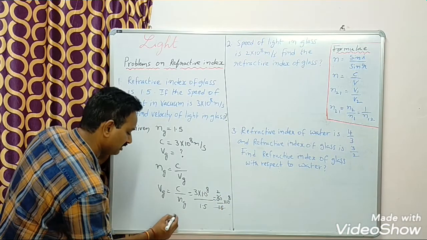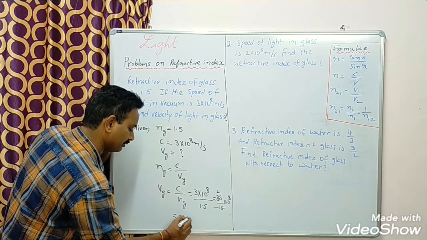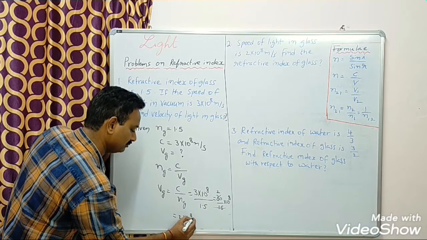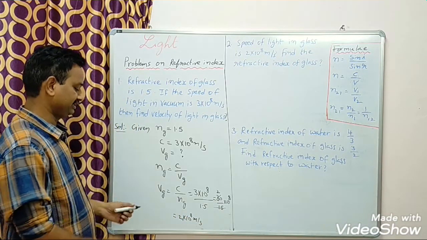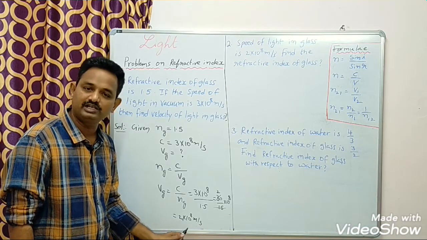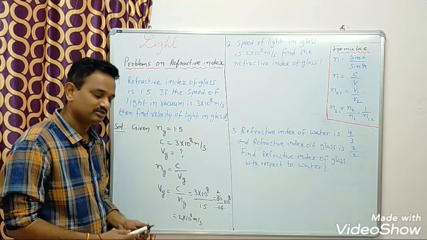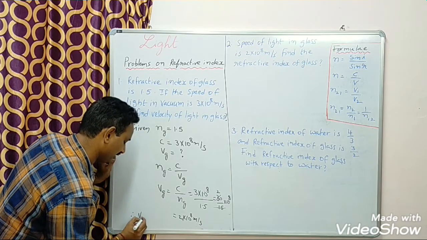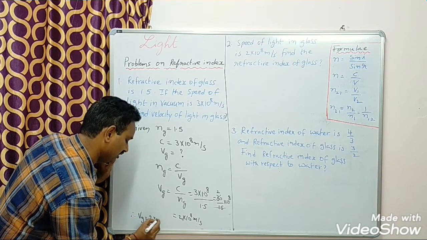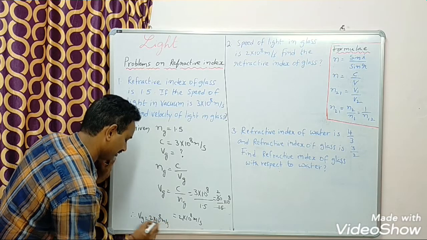So what we got? We got 2 into 10 power 8 meter per second. So we got speed of light in glass 2 into 10 power 8 meter per second. Therefore, speed of light in glass equal to 2 into 10 power 8 meter per second.